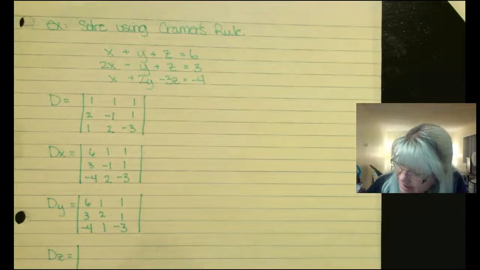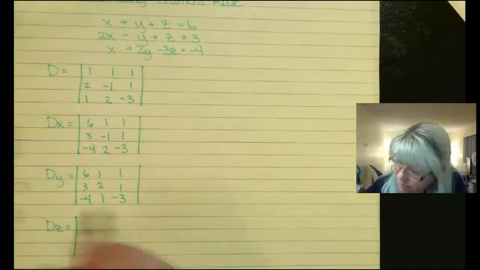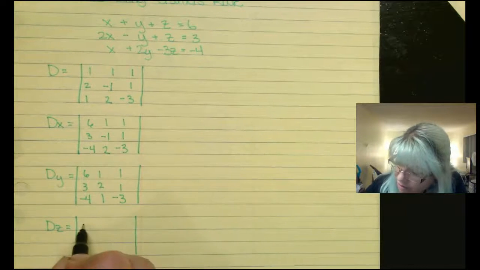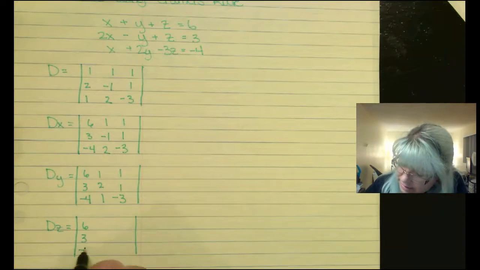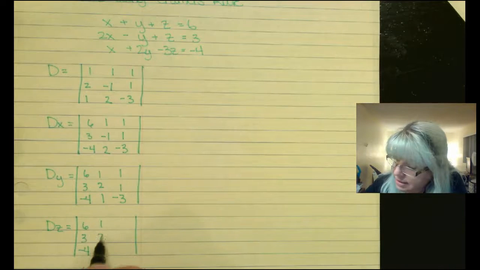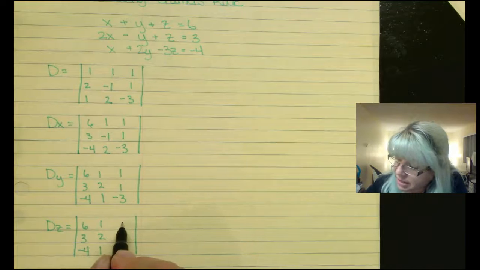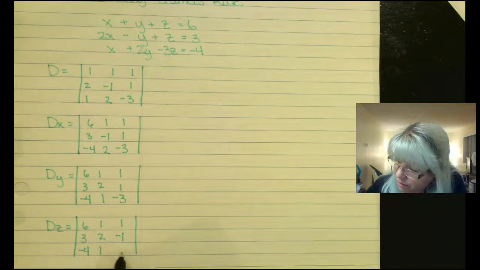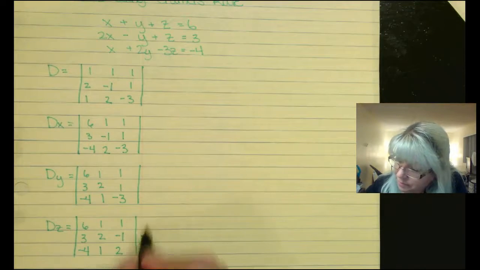Lastly, dz: write all the constants, cover up the z's, but write down all the coefficients of the x's and all the coefficients of the y's.